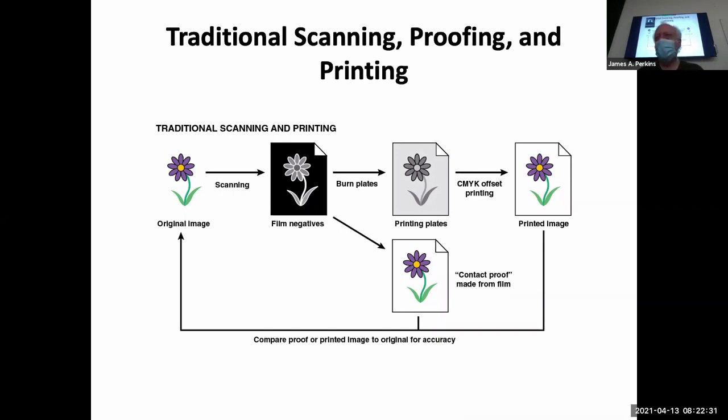You'd put them on the press and you'd run paper through, and of course you would start printing it. And even at that process, you could take your final printed image and you could compare it back to your original piece of artwork or your original object, piece of clothing or something like that, to make sure that the prints that were coming off the press matched perfectly with the original image.